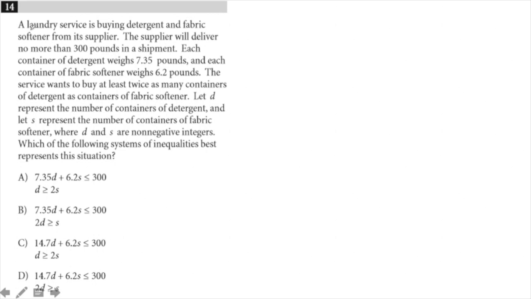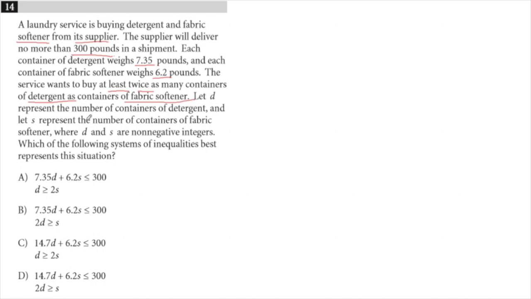14. A laundry service is buying the detergent and fabric softener from a supplier. The supplier will deliver no more than 300 pounds, and each container of detergent weighs 7.35 pounds, and softener weighs 6.2 pounds, and at least twice as many containers of detergent as fabric softener.